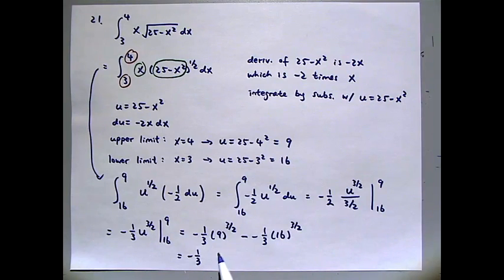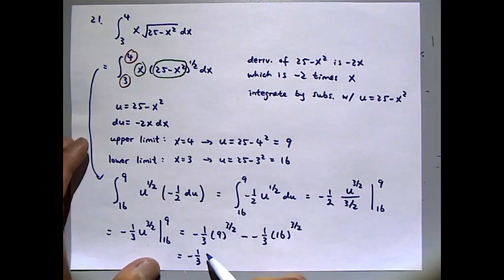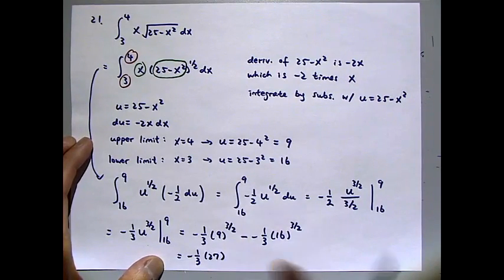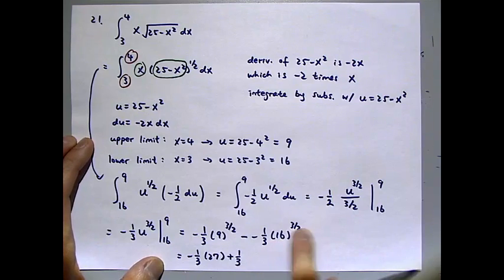All right, so now 9 to the power of 3 over 2 is, take the radical first, you get 3. 3 cubed is 27. So that's what we get. This turns into a plus. Same thing here. 16 with a power 1/2 is 4. 4 cubed is 64, is that right?